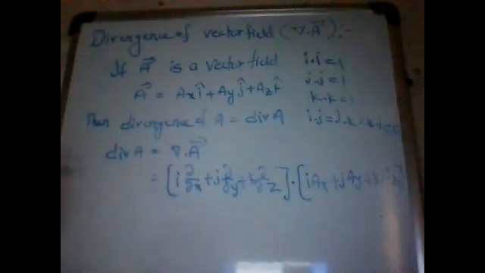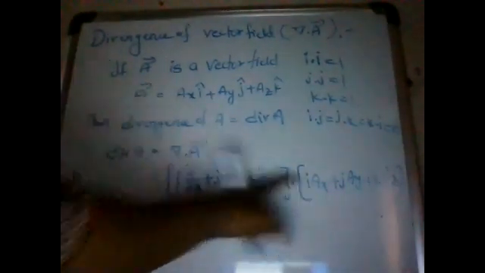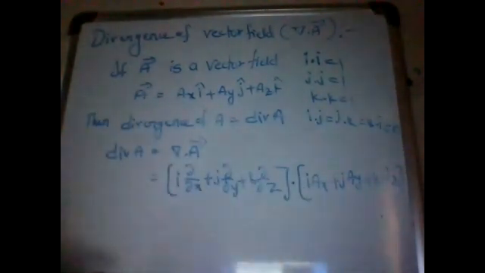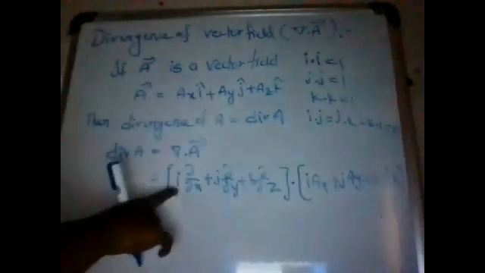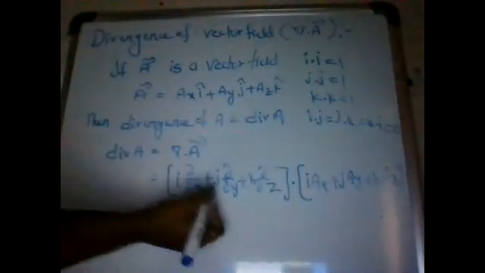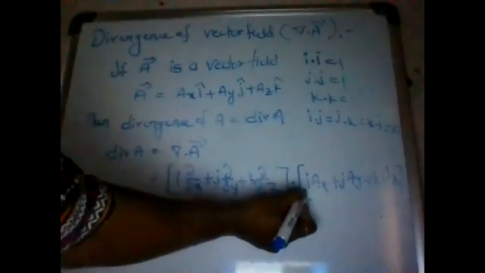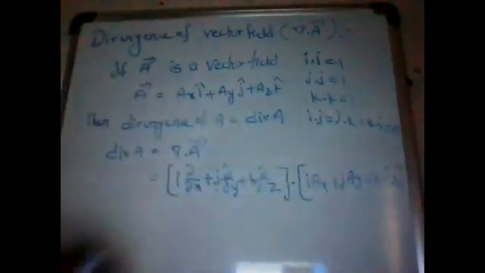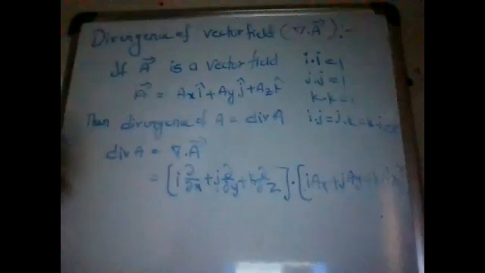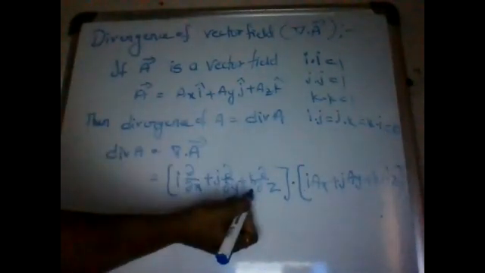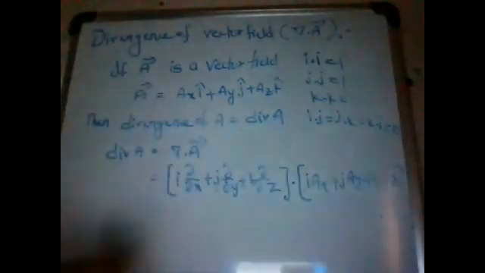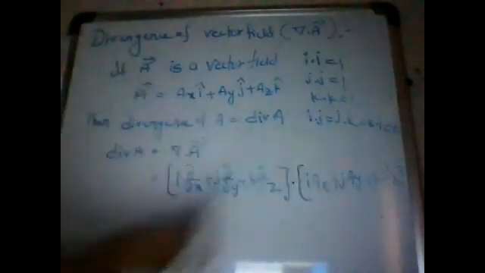Here i multiplied with i gives only 1, i dot j equals 0 and i dot k equals 0. Here also j dot i equals 0, only j dot j equals 1, and j dot k is 0. Similarly k dot k equals 1, k dot i equals 0, k dot j equals 0.